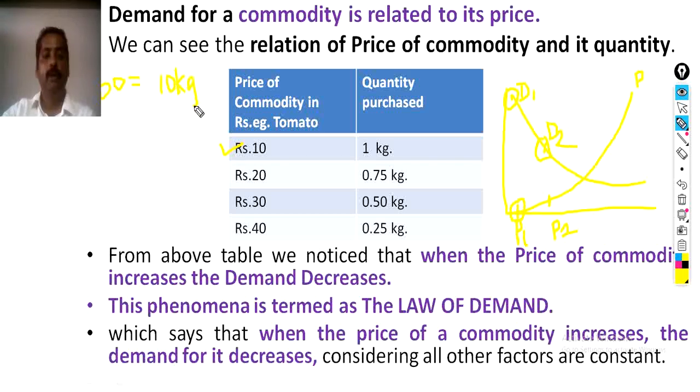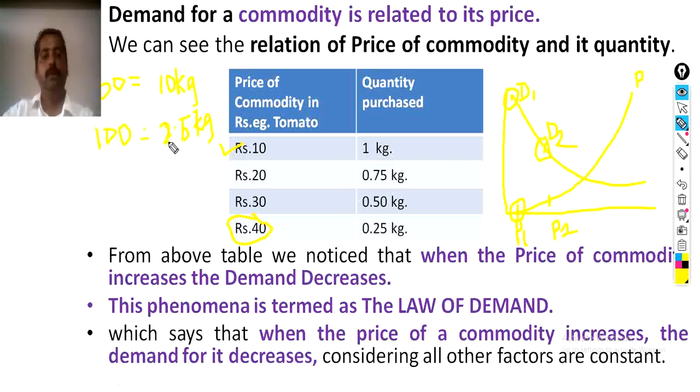That means when the price is less, we get 10 kg for 100 rupees. Now suppose the price increases. We have the same amount of money in our pocket, but we can buy only 2.5 kg.